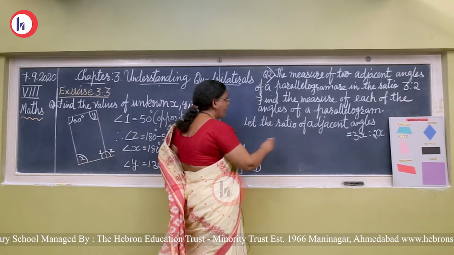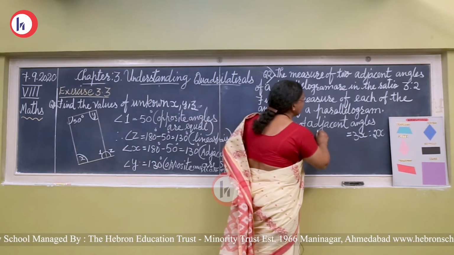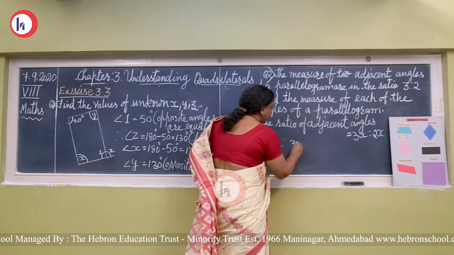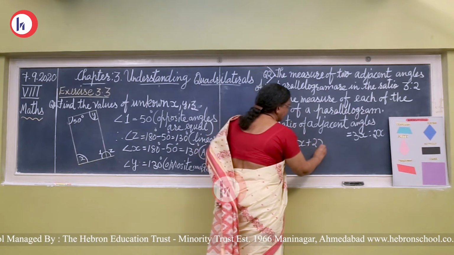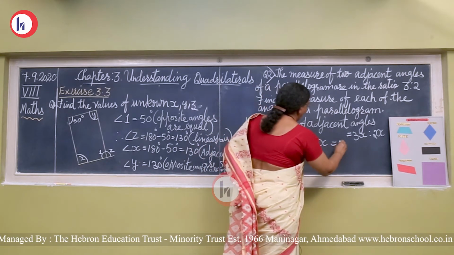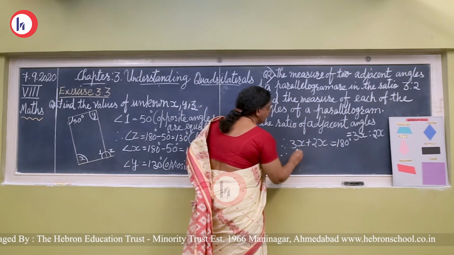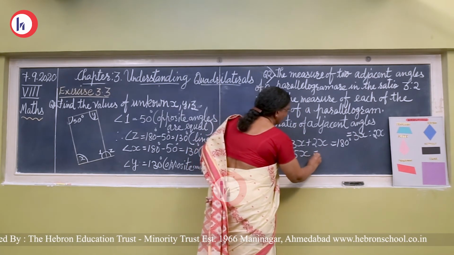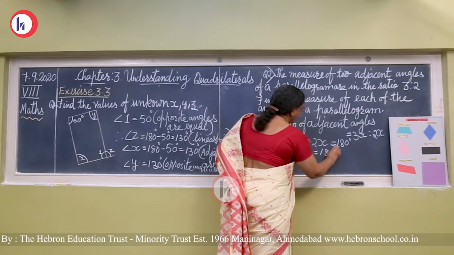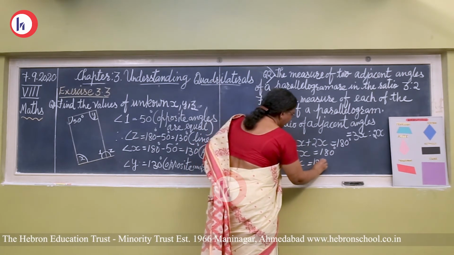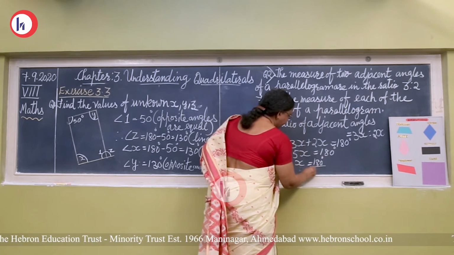Then the sum of these adjacent angles, as we know, gives 3x plus 2x is equal to 180 degrees. Therefore 5x is equal to 180 degrees. Therefore x is equal to 180 degrees upon 5.